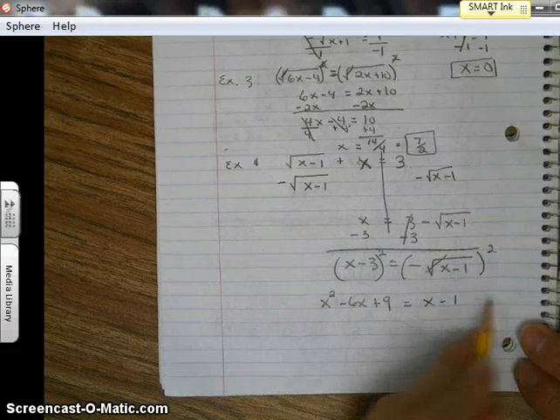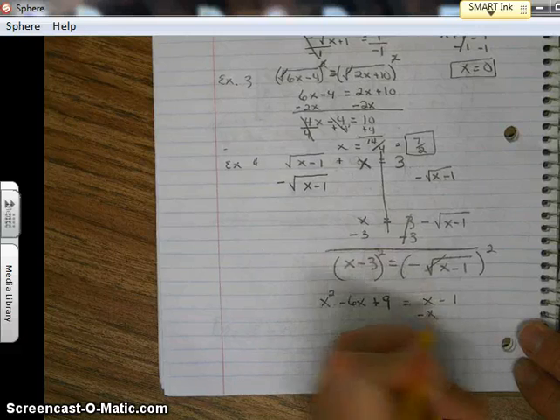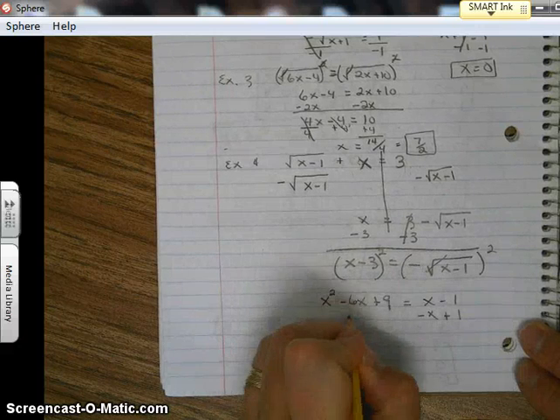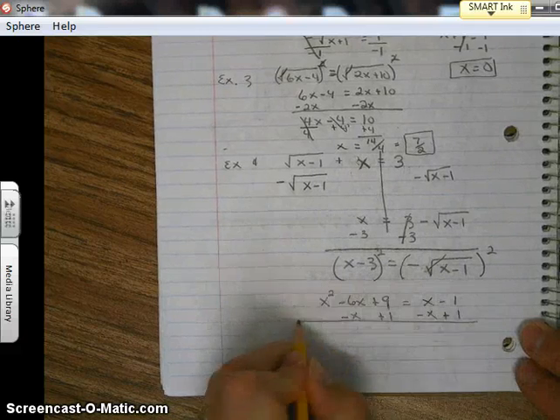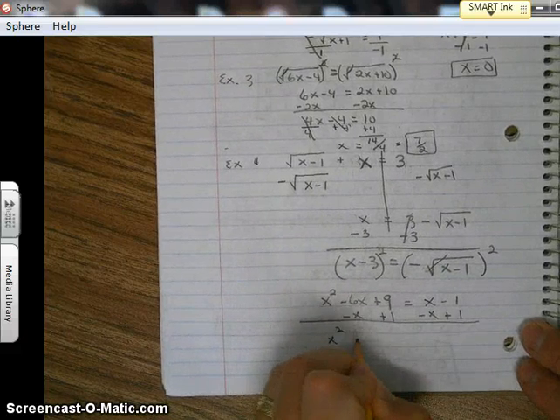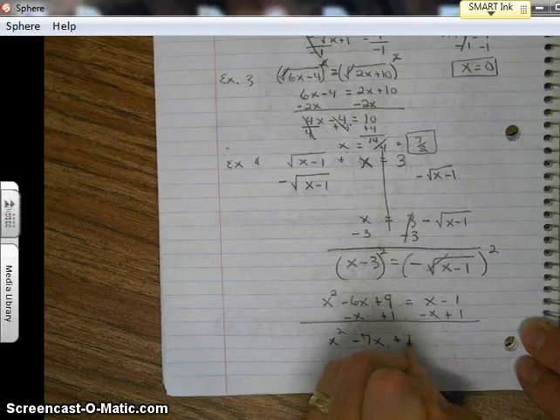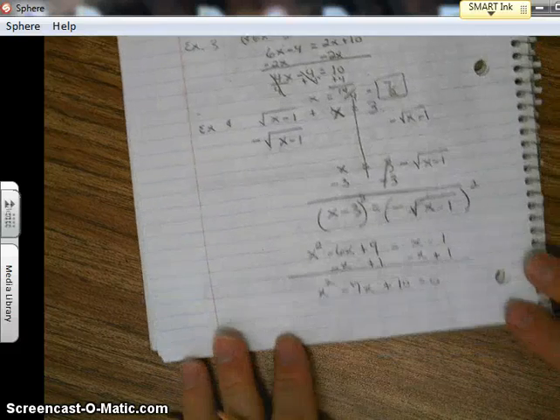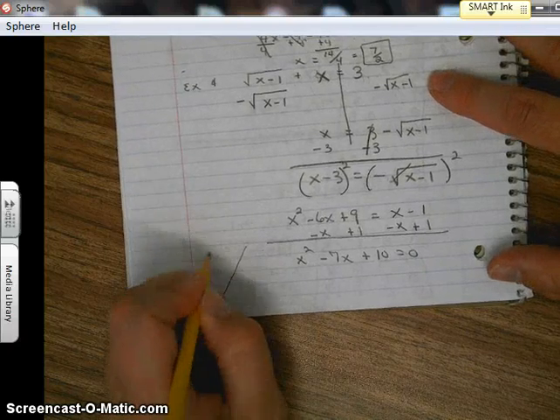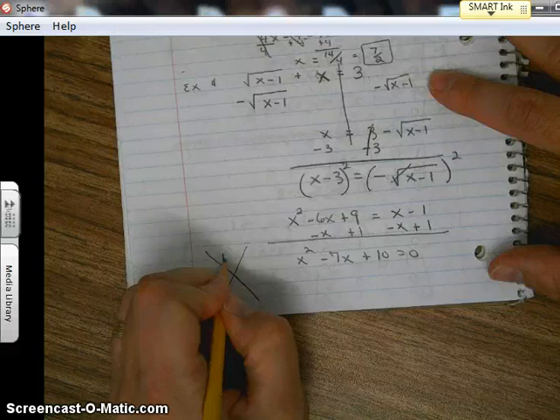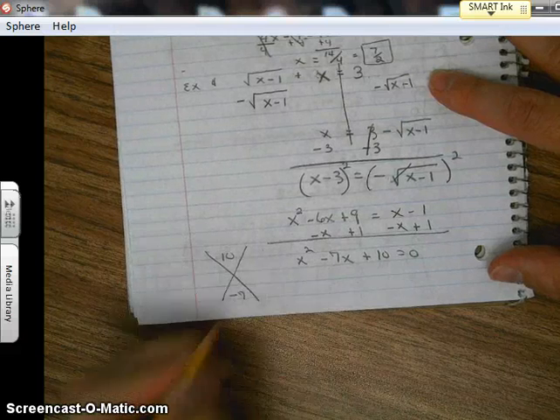All right, so what we have now is a quadratic. So I'm going to go ahead and set it equal to 0 because we know that that's what you're supposed to do when solving a quadratic. And then let's try to solve this by factoring. See if that works. 10 on top, negative 7 on the bottom.